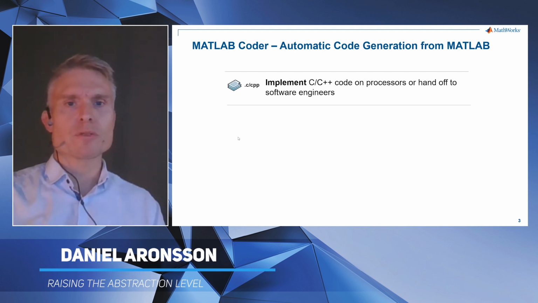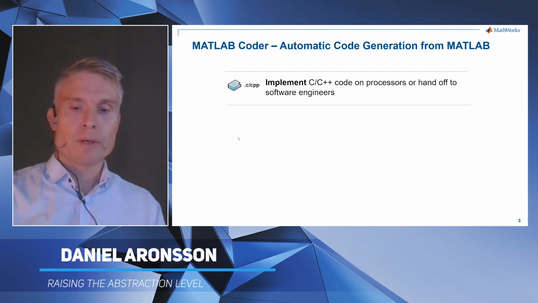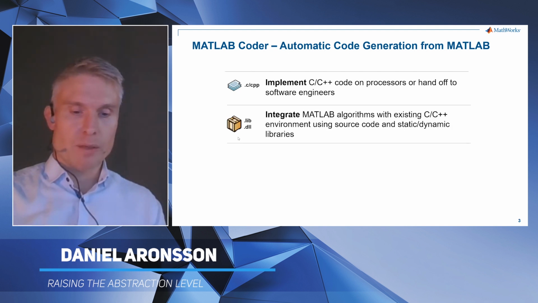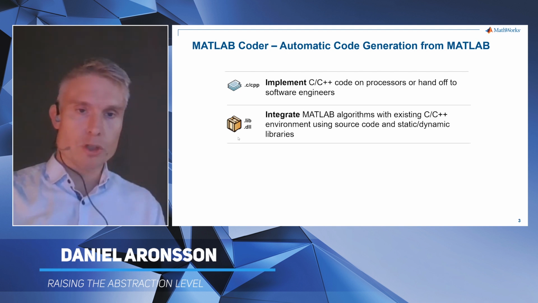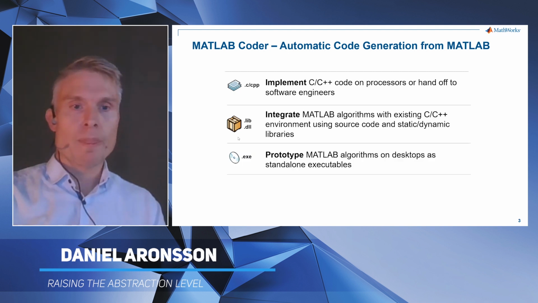So there are a few different use cases in going from MATLAB to C. Some people want to just generate C code to hand that off to software engineers. Other people want to sit on both chairs, so to speak, so that they are coding in both MATLAB and C, and they want to integrate their generated code directly into their bigger C projects.